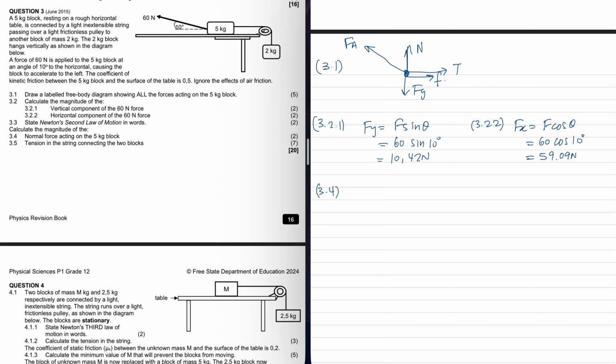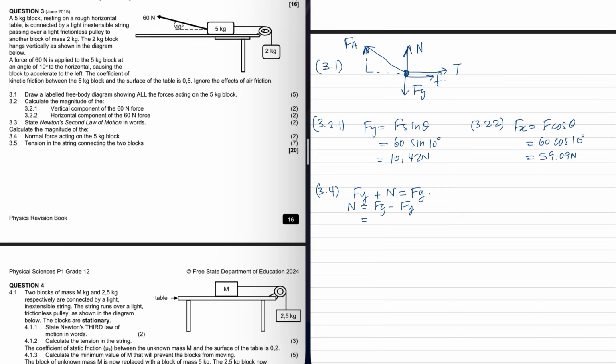Question 3.4, calculate the magnitude of the normal force acting on the 5 kilogram block. So remember, because there is a vertical component here that's pulling upward, we need to account for that. So the Fy plus the normal force is going to equal Fg, because we have those two forces that are going up and we have Fg that's going down. So the normal force is going to equal Fg minus Fy.